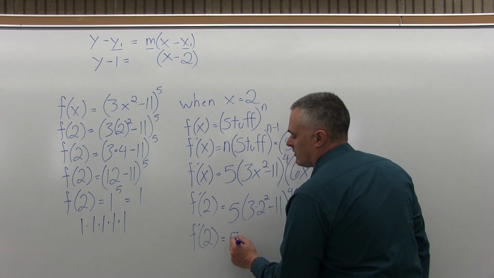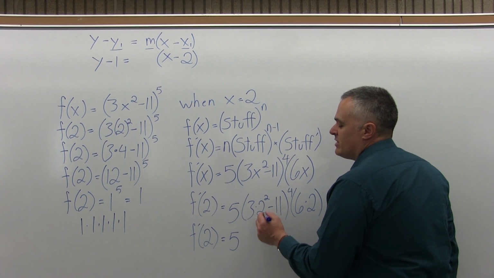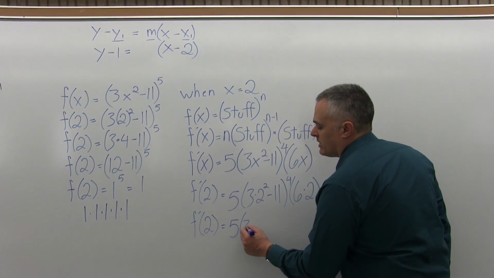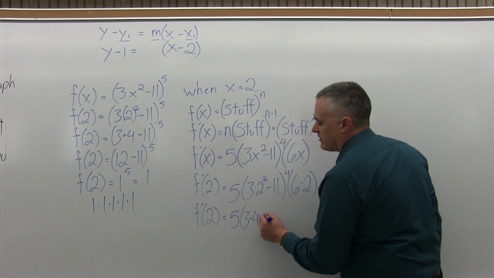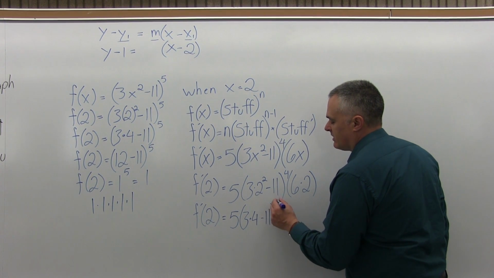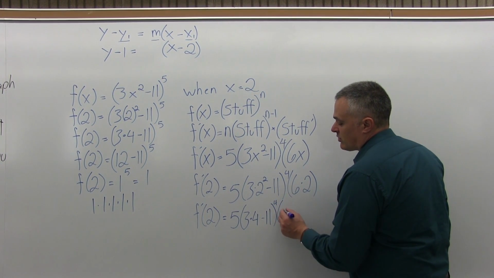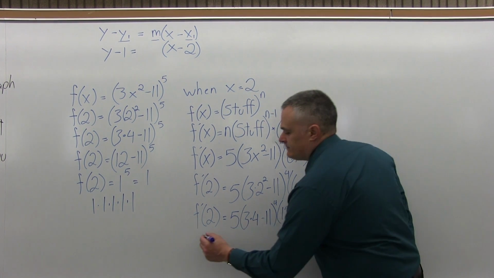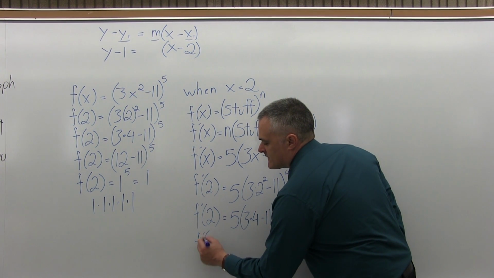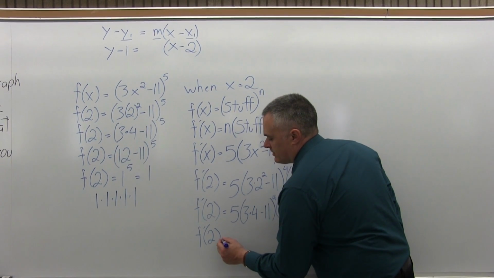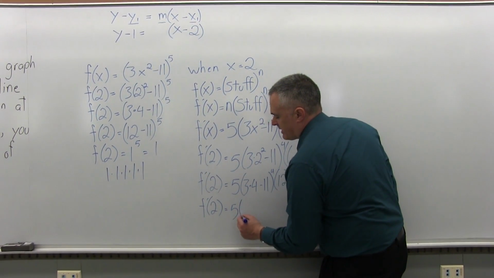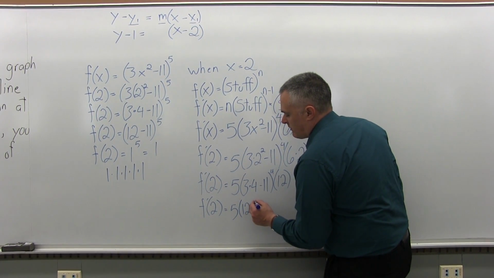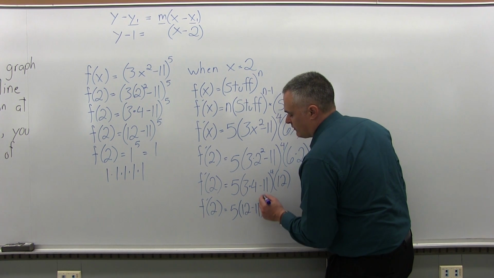So the 5 in front will stay in front for a while. 3 times 2 squared will be 3 times 4. Then you have minus 11 to the 4th. Times 6 times 2 is 12. So f prime of 2 equals 5 times (12 minus 11) to the 4th.